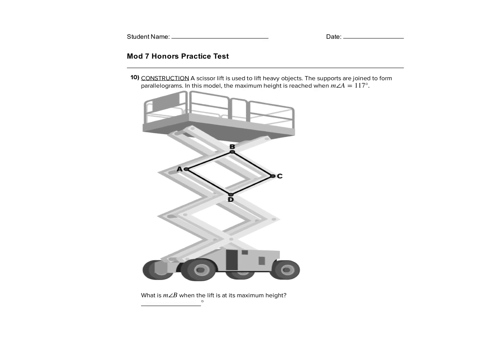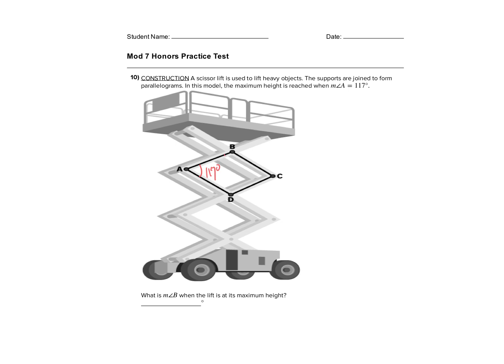A scissor lift is used to lift heavy objects. The supports are joined to form parallelograms. In this model, the maximum height is reached when angle A is at 117 degrees. What is the measure of angle B when the lift is at its maximum height?